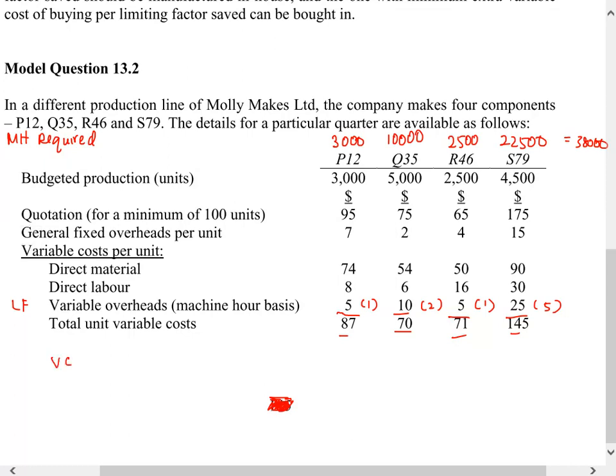Variable cost to make. Variable cost to buy.